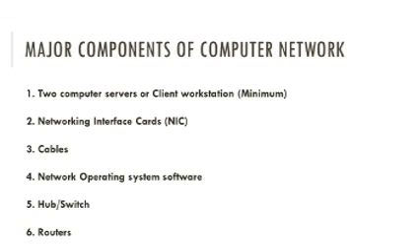So basically we have the six major components of the computer network. The first one was the server, the computer server or the client workstation. The second was the NIC, the network interface card. The third was the cables or wireless connection to connect to the network.